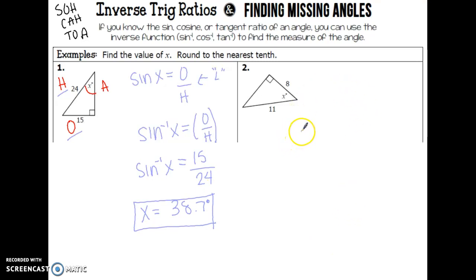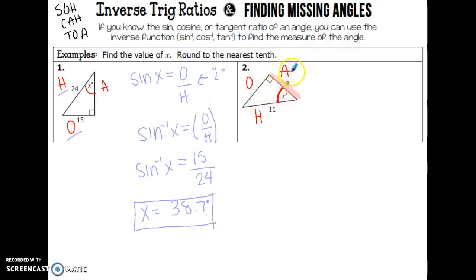Let's look at number 2. I'll be labeling number 2 for you, and then you guys are going to solve that one on your own. Number 2, we are talking about this angle right here. So of course, let's go ahead and label our hypotenuse across our 90-degree angle. The side that does touch that angle, that is this side right here, so I'm going to label that my A. And my third remaining side, the side that is opposite, that's going to be my O. So in this case, I am given 2 pieces of information.